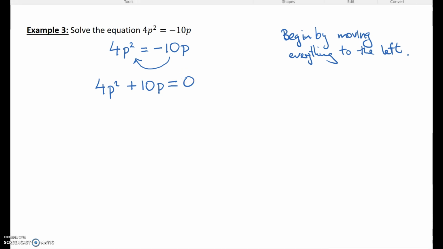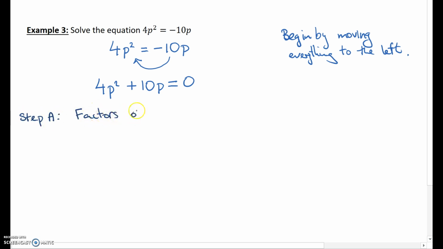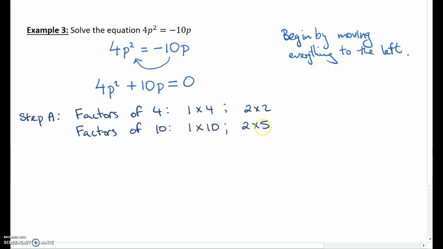So we can just go with step 1, or step A is what we called it before. We want to find the factors of the numbers. So the factors of 4, and we're going to look for the factors of 10 as well. The factors of 4 are 1 times 4 and 2 times 2. The factors of 10 are 1 times 10 and 2 times 5.